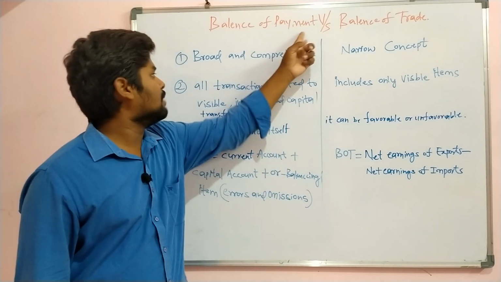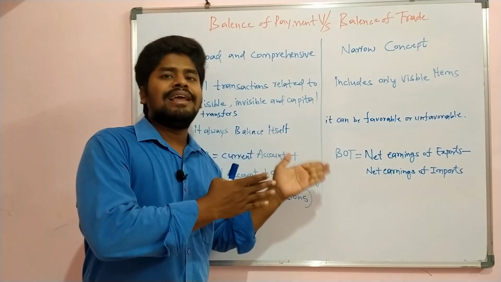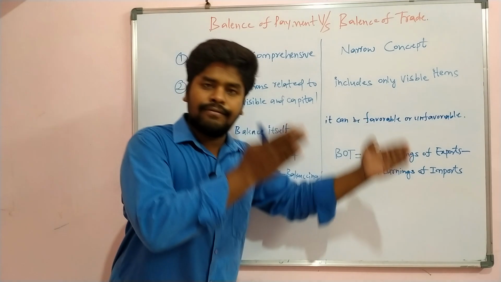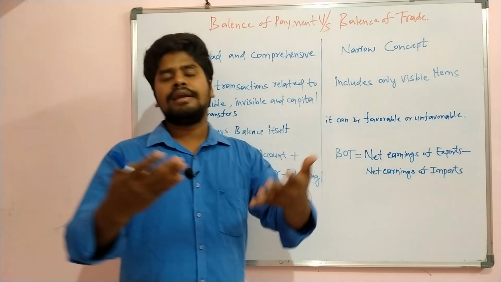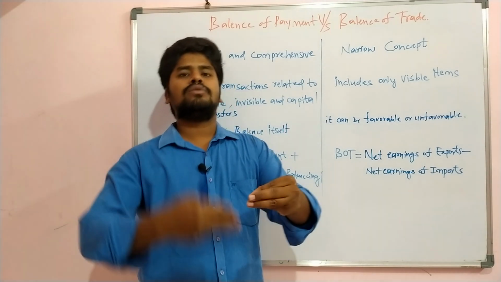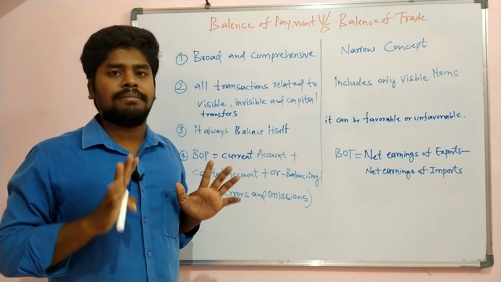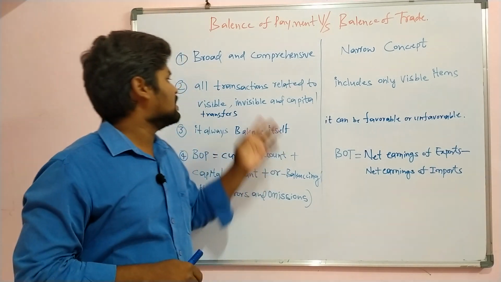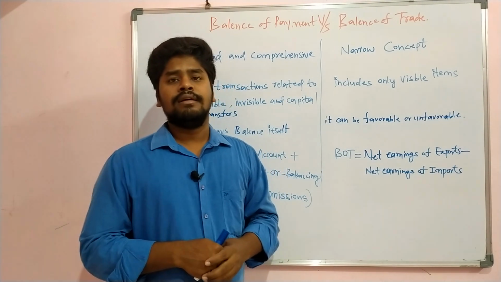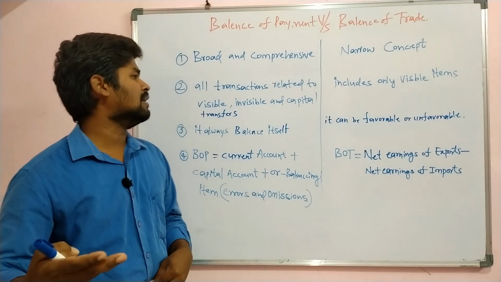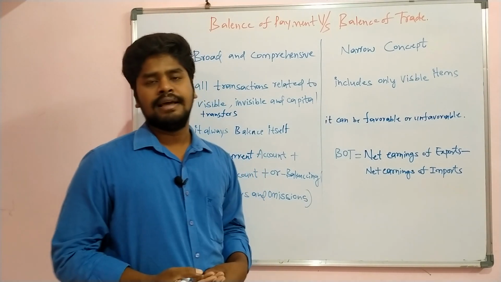Balance of payments covers all economic transactions, which may be visible or invisible items, right? Visible items we already know: the commodities we export and the commodities we import are visible items. And invisible items, for example, are banking, fishing, shipping, and things like interest rate payments.